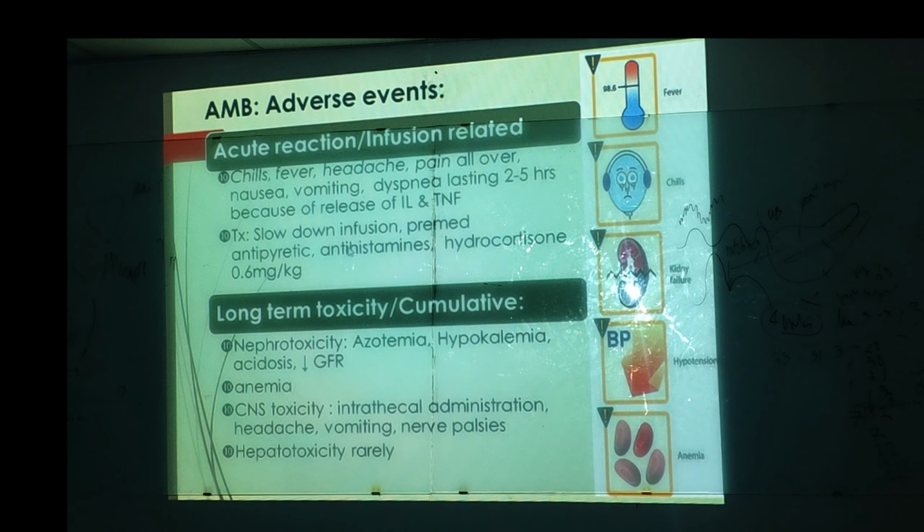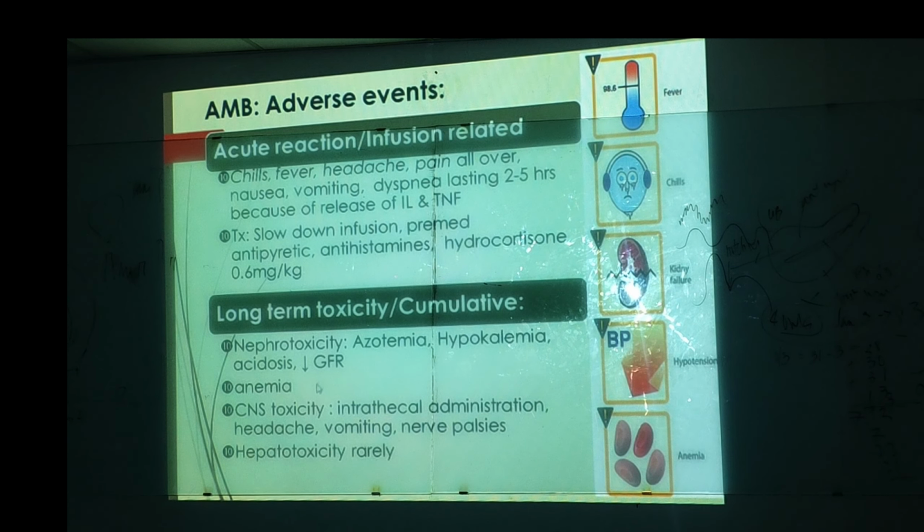Now, how about the long-term toxicity or cumulative adverse events? It can lead to nephrotoxicity and renal failure, so there will be azotemia, hypokalemia, acidosis, and decreased glomerular filtration rate.